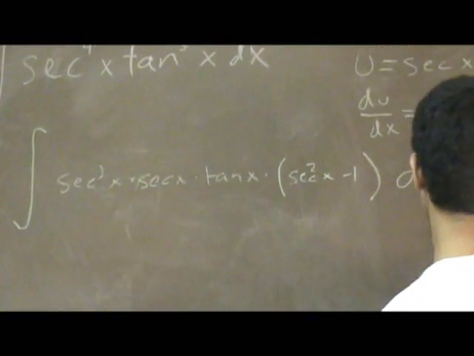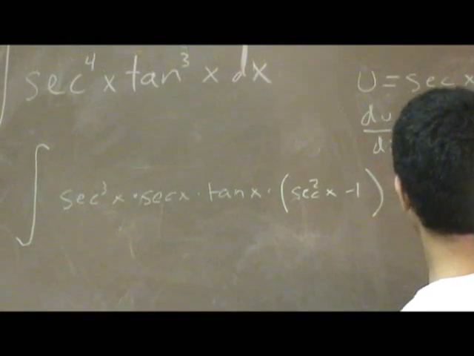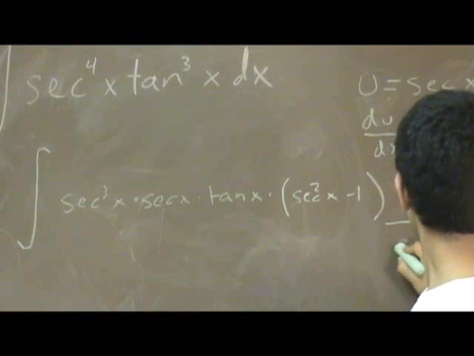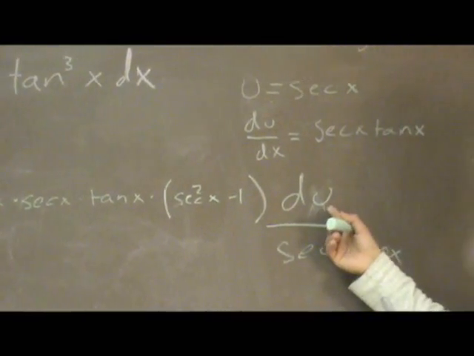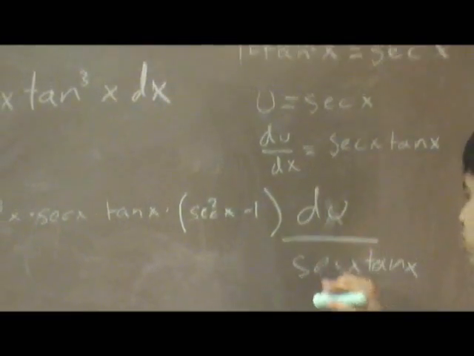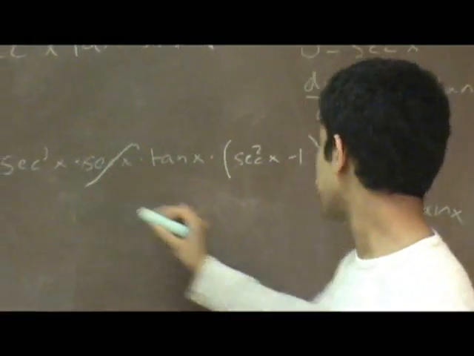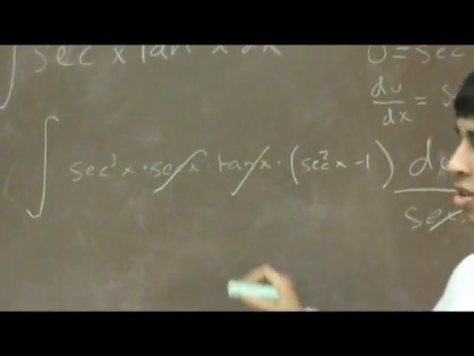Or rather, du over secant x tangent x. So we've introduced this du, which means we now have to substitute for secant x. And here the secants cancel out, and so does this one tangent power.